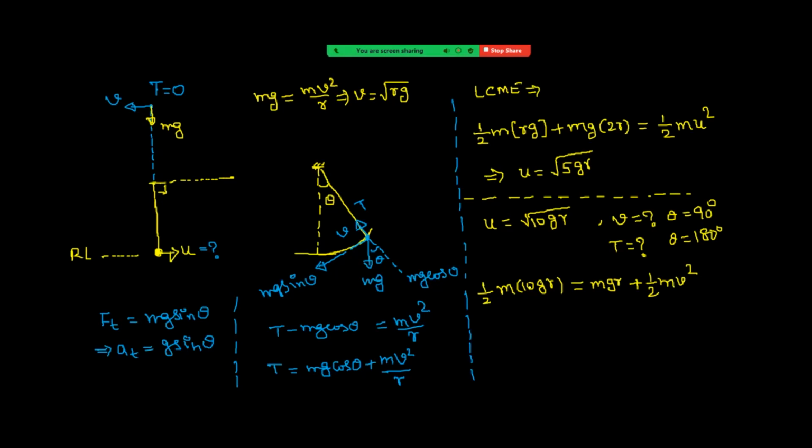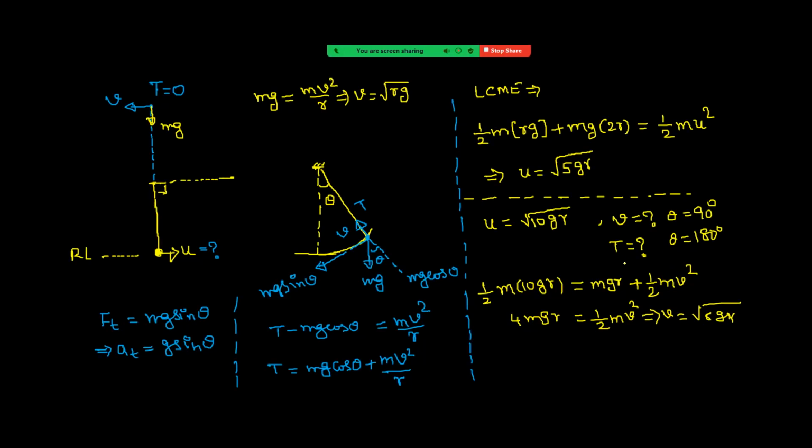It is now 5mgr minus mgr, 4mgr, that is equal to half mv square. So from this we can say v value is root of 8gr.